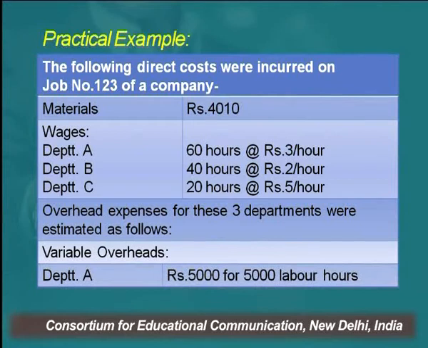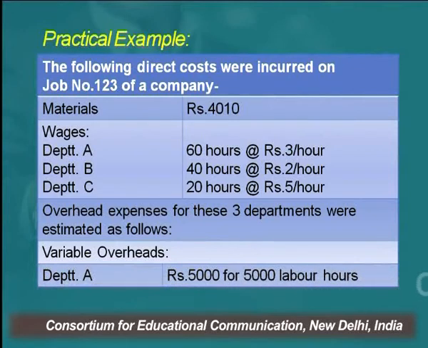Overhead expenses for these 3 departments were estimated as follows. Variable overheads: Department A, 5,000 for 5,000 labor hours. If the overhead expenses are rupees 5,000 and labor hours are 5,000, it implies that the rate is 1 rupee per hour.